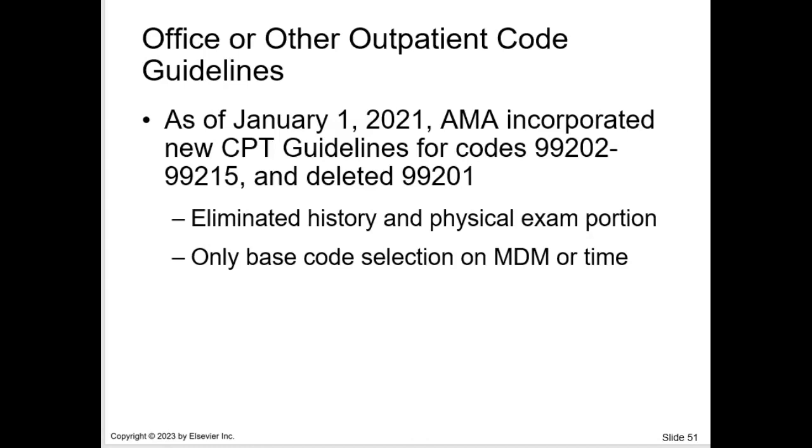Anything in that category is going to be your office or outpatient codes. If you look at 99211, this is established. You are no longer a new patient. Once again, it goes through the different levels and what those levels are.